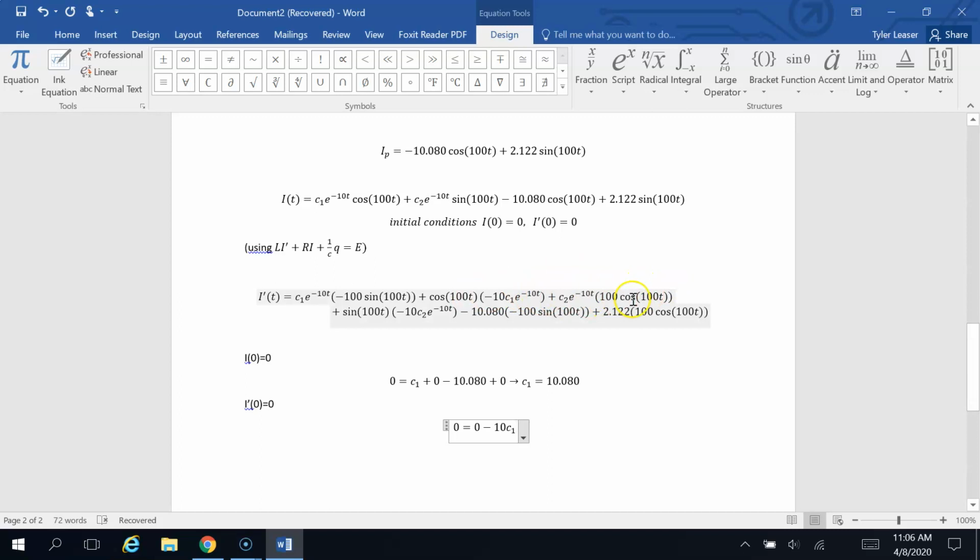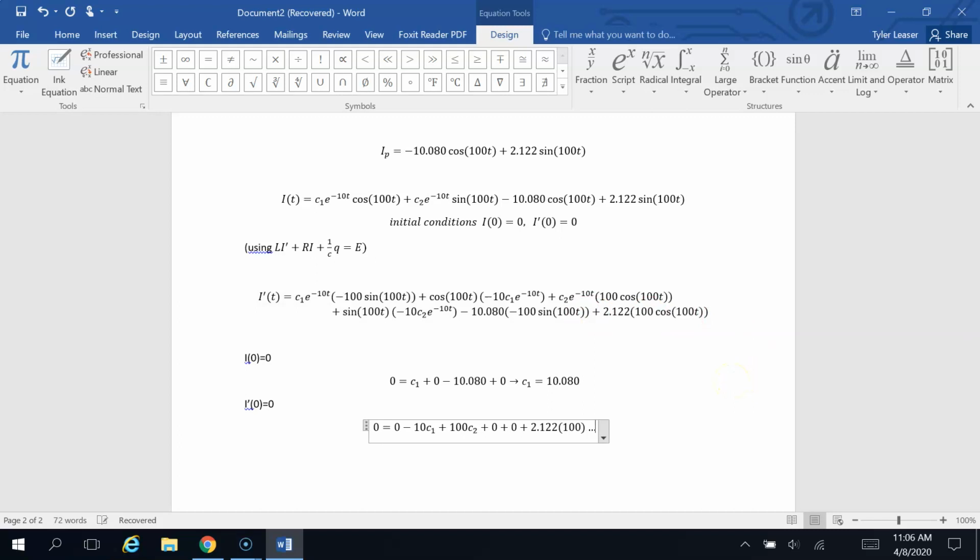If I plug it into the second term, I'm going to get that 100 c2. Again, the e just goes to 1, cosine of 0 goes to 1. Plus down here, that's all going to be 0 because of the sine, plus that's all going to be 0 because of the sine. And then over here, we're going to get 2.122 times 100 for the very last term.